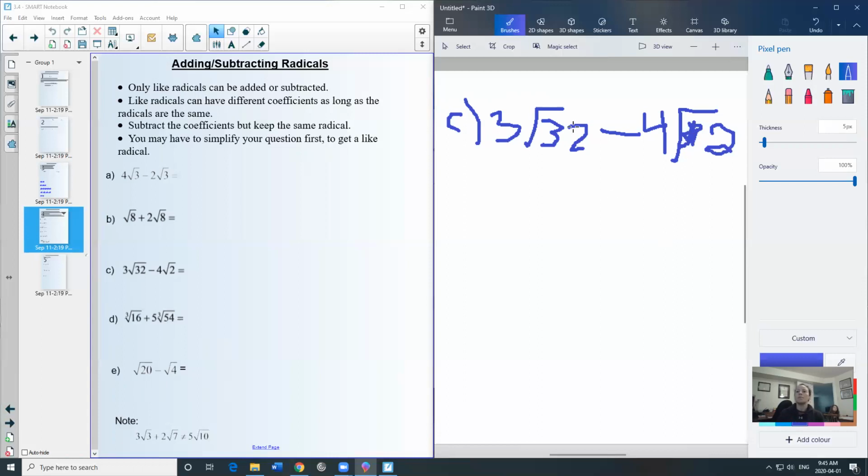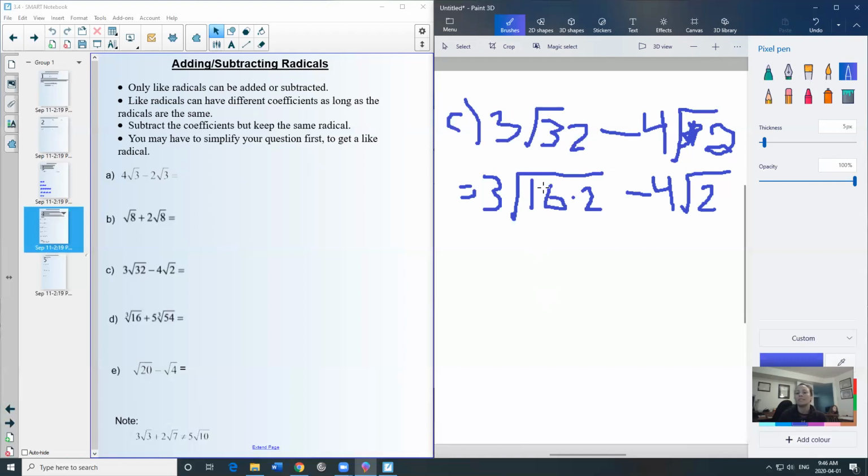Okay. This does not have the same radical portion as this, so I need to simplify or reduce this radical. So 32, if I think about 32, I can break it into the factors of 16 times 2, I'm sorry.